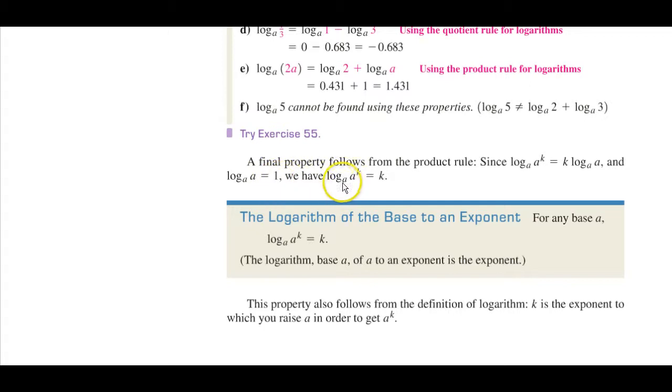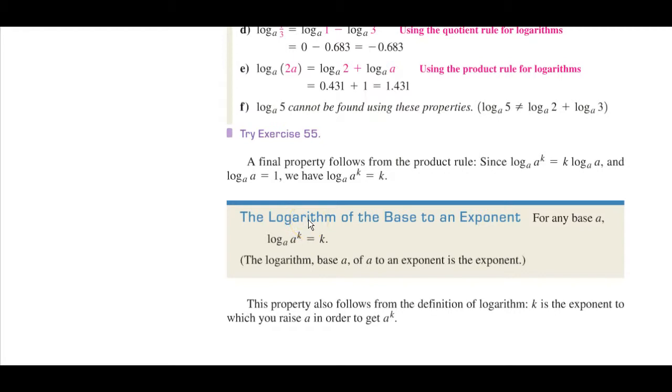We have then the log base A of A to the k power. Since this is 1, it's going to be a 1k. We don't write the 1. It's just going to be k. So here's a new logarithm property for any base A. We have log base A of A to the k power is just going to equal k.